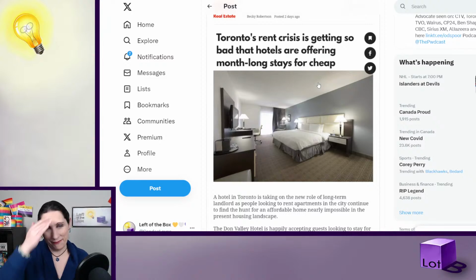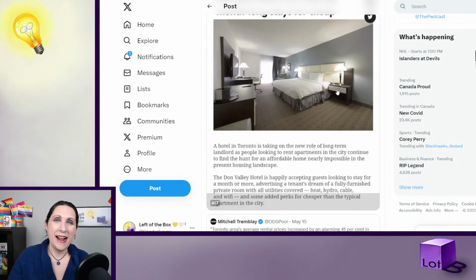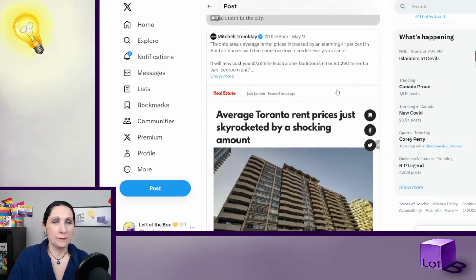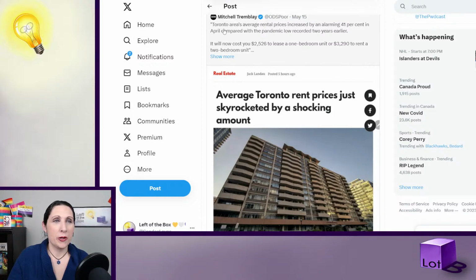It's just... what do you do with that? And that's into, you know, Toronto's area's average rental price increased an alarming 41% in April compared with the pandemic low recorded 2 years earlier.